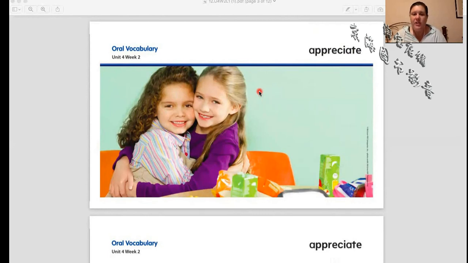So appreciate again means to really like something about someone else, okay? So I appreciate Chinese culture, or I appreciate my friend when she helps me, or I appreciate my mom and dad for loving me, okay? So appreciate means I hold something very close and it's very special to me, okay? I appreciate it.